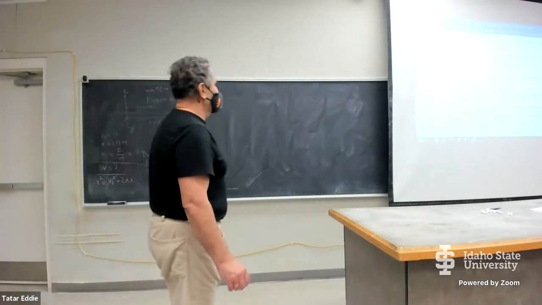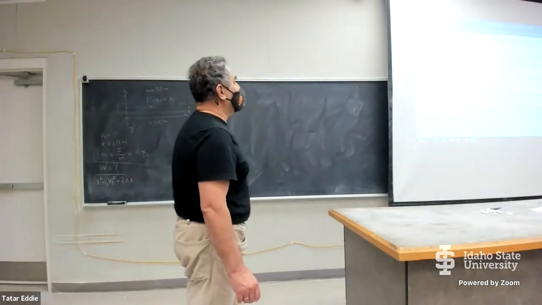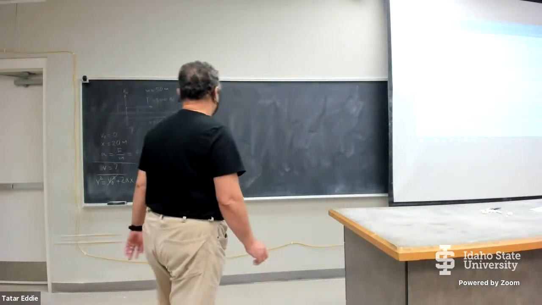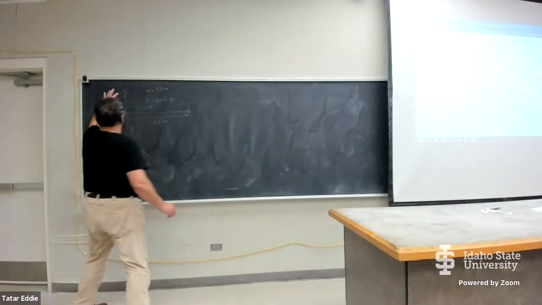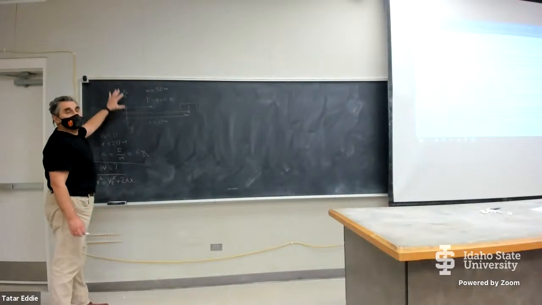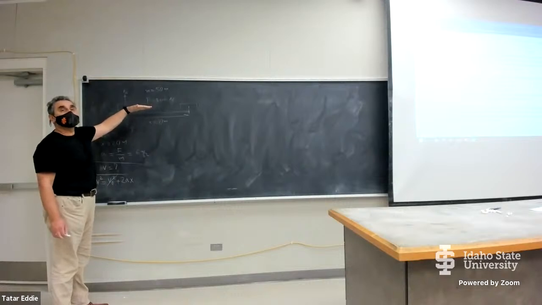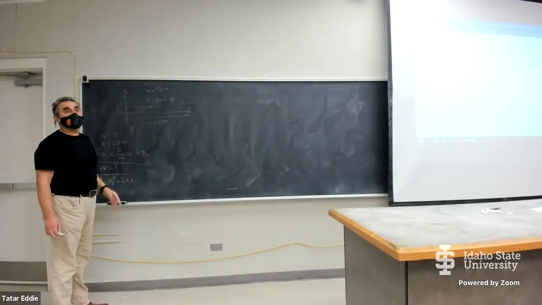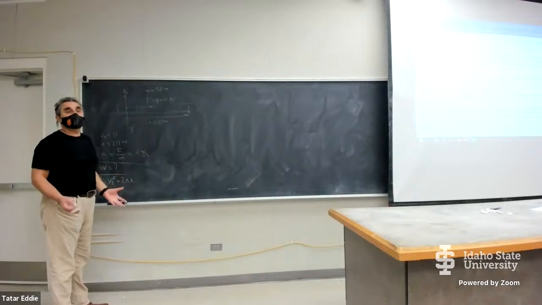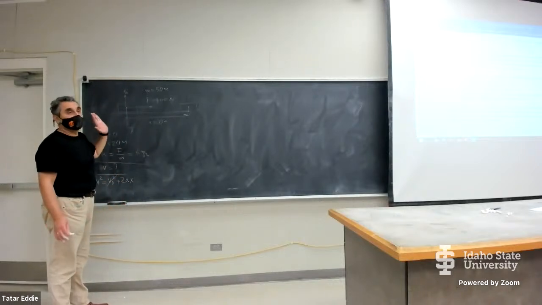This is part A. Part B, how much work is done? Well, the two other forces don't do any work because they're in a direction perpendicular to displacement, and cosine of 90 degrees is zero. So the work of the other two forces is zero.